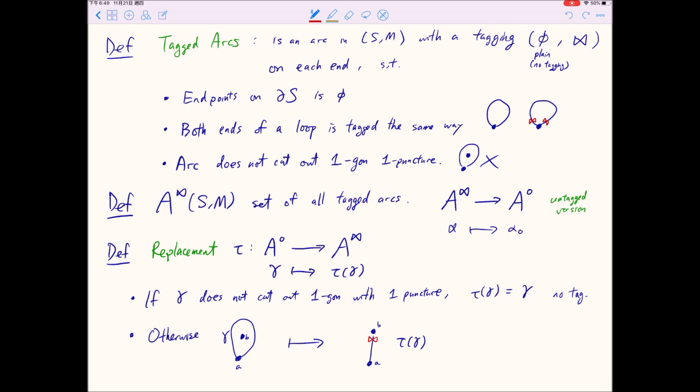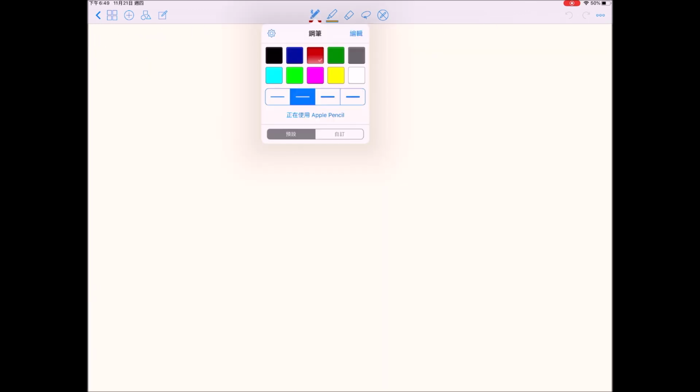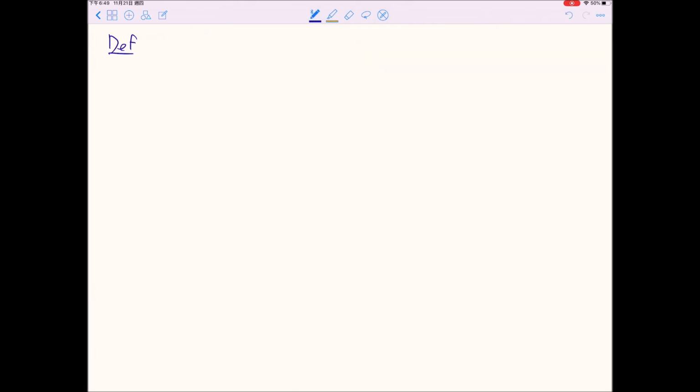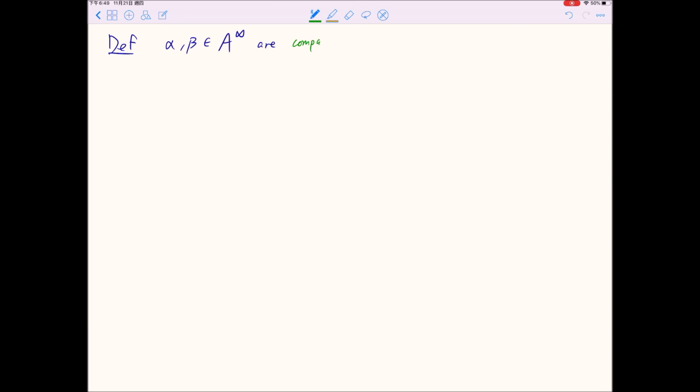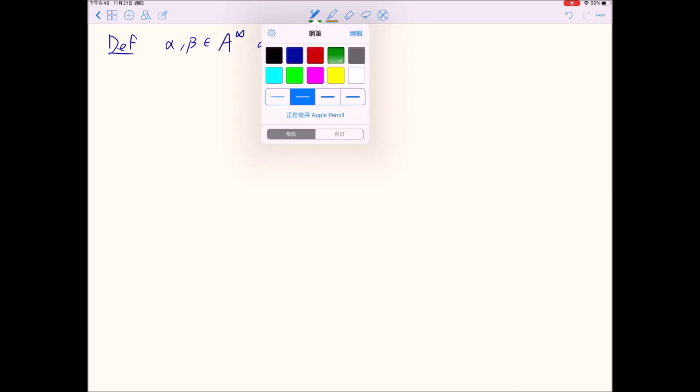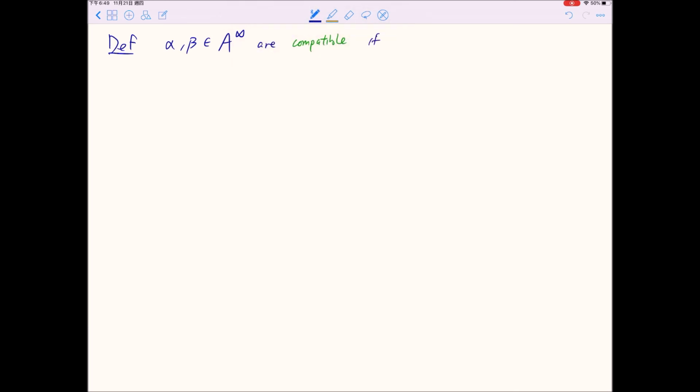But first, let's introduce the tagged arc complex, which means the set of compatible arcs. So we say that two tagged arcs are compatible if, first of all, the corresponding untagged versions are compatible.